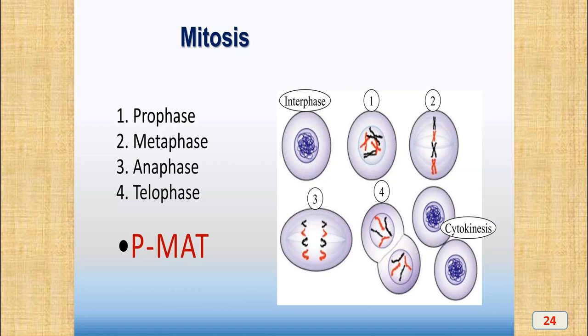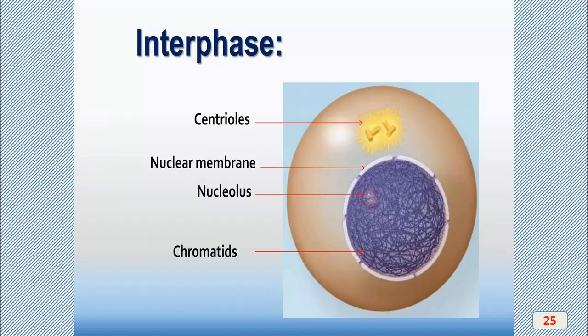The mitosis is also known as PMAT: prophase, metaphase, anaphase, telophase.